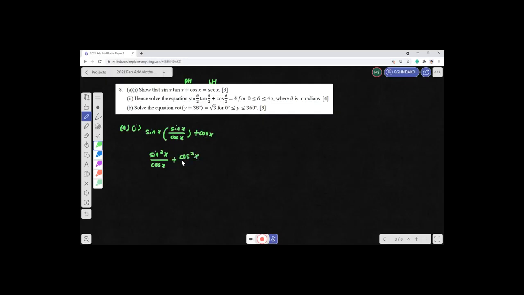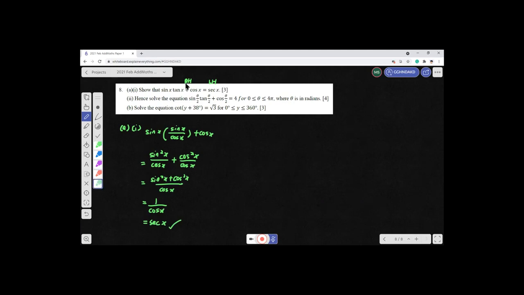So it will be cos square x over cos x. Then what is sine square x plus cos square x with the same denominator? It will be sine square x plus cos square x over cos x. On the top, it will be 1 because of the trigonometry identity, the formula, and over cos x, giving you a sec x. You prove. 3 marks.